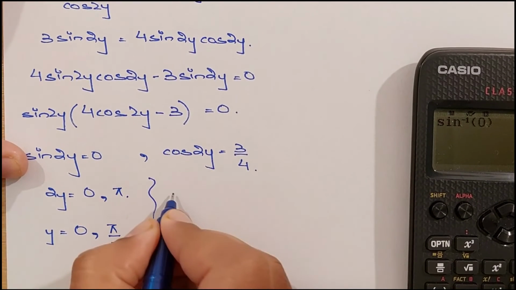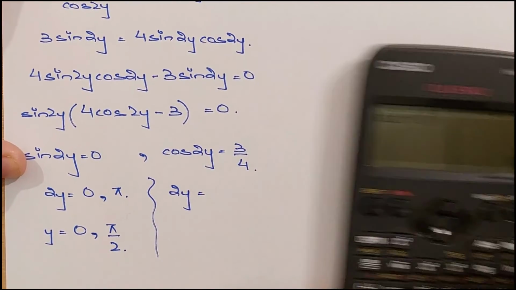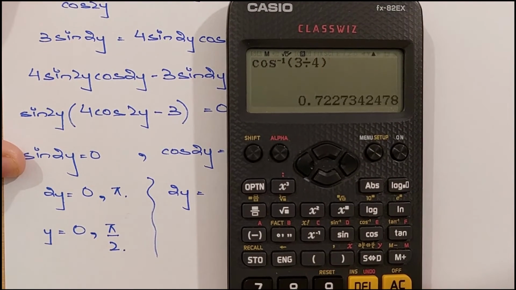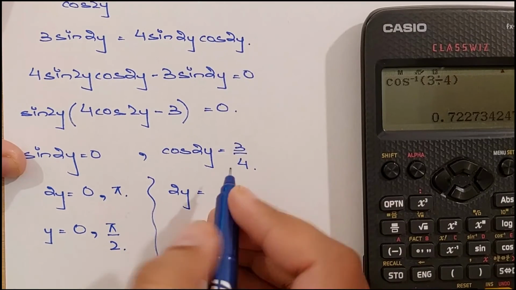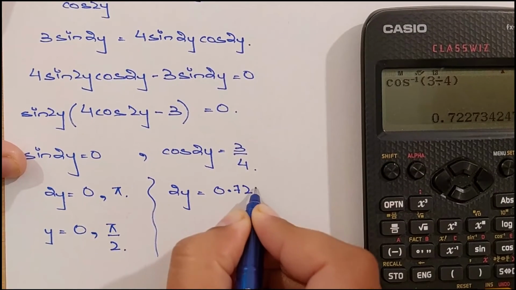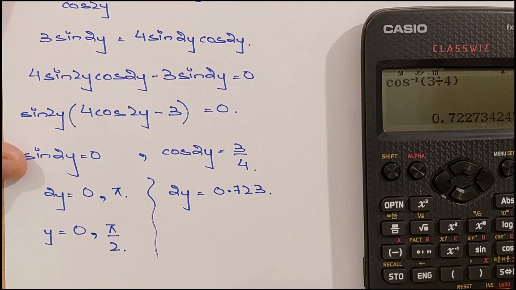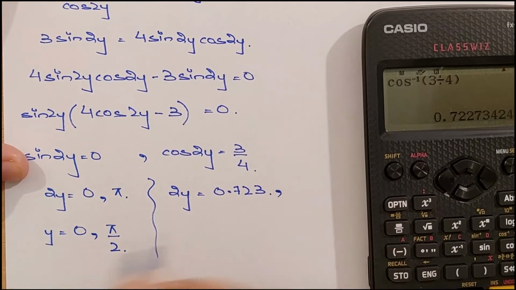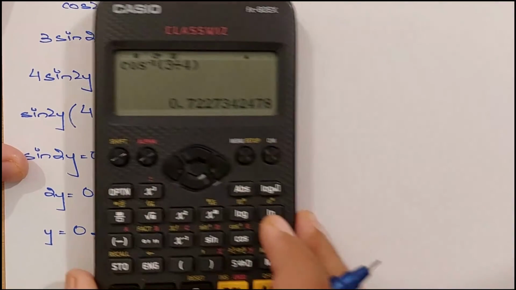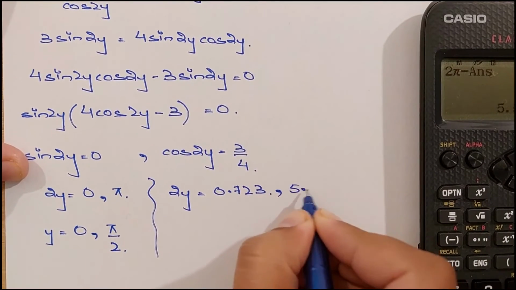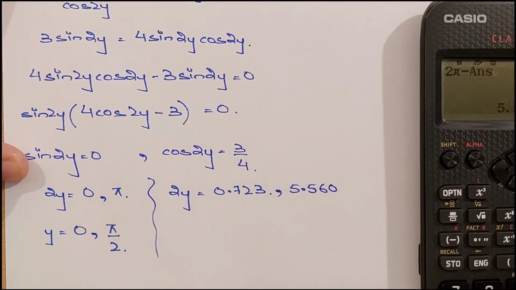Now let me check for the cos. So from here, 2y equals cos inverse of 3 by 4. Cos inverse of 3 divided by 4 is equal to 0.723, right? Okay, and cos is positive in the first and in the fourth quadrant. For the fourth quadrant, we can say 360 minus, that is 2 pi minus 0.723, the answer is 5.560, right?